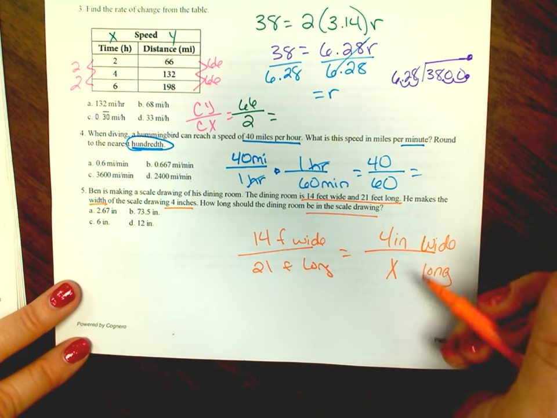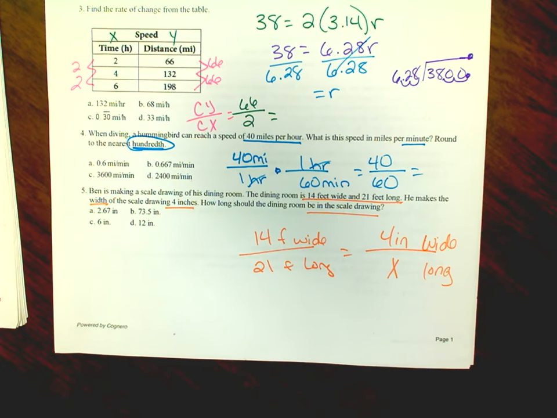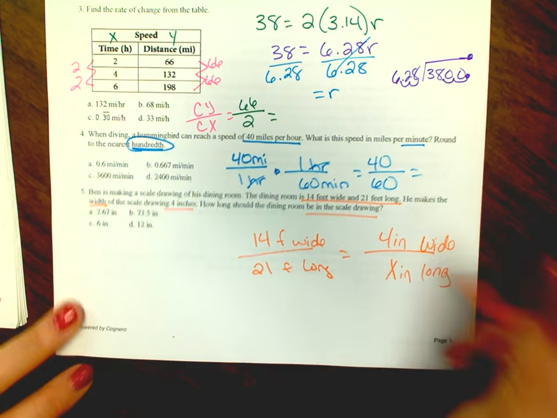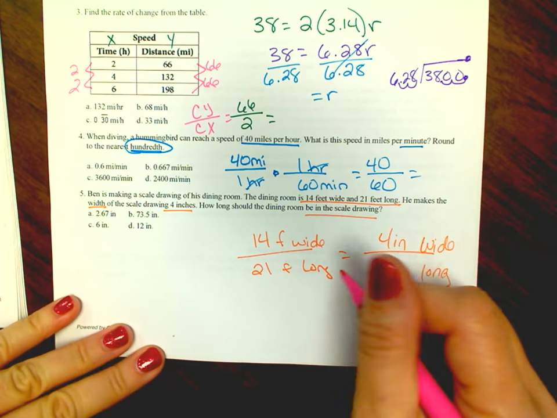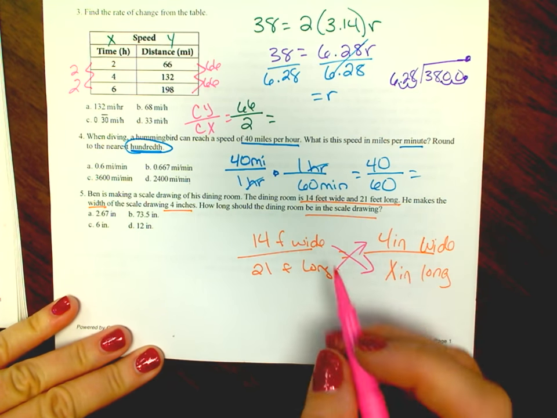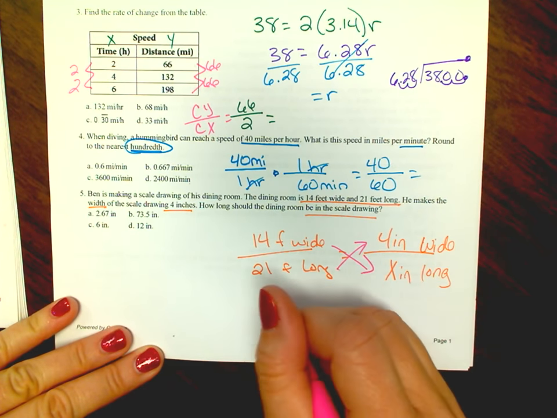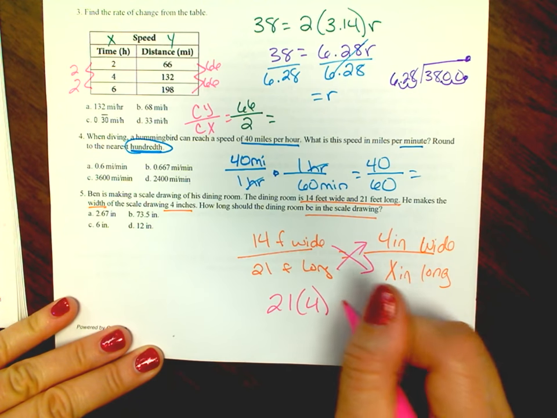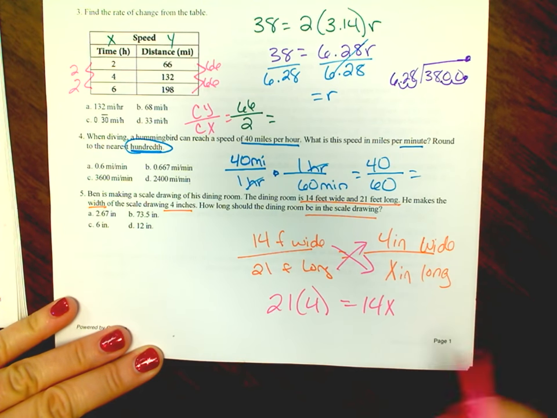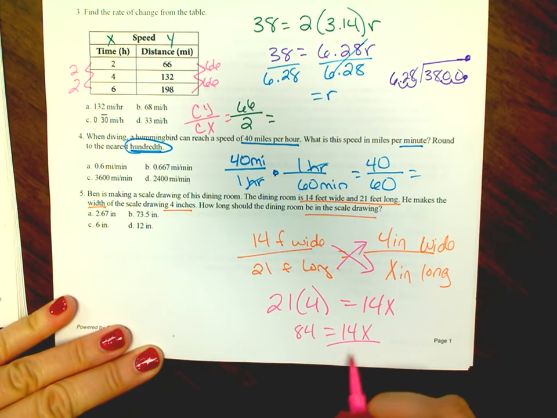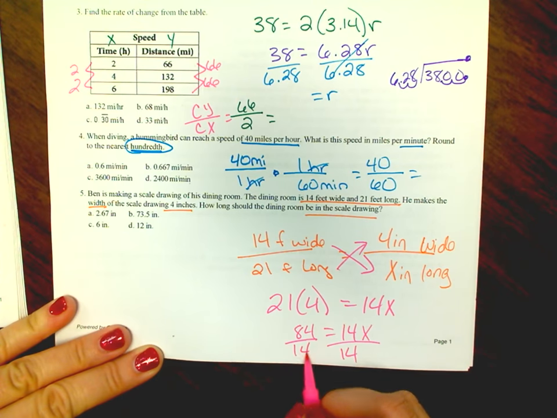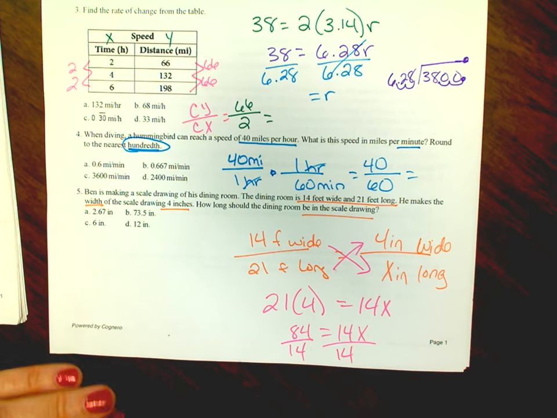So we're looking to see how long it is. Okay. So again, cross product. We're solving for x. So you need to divide to get 14 off. And you'll have your answer.